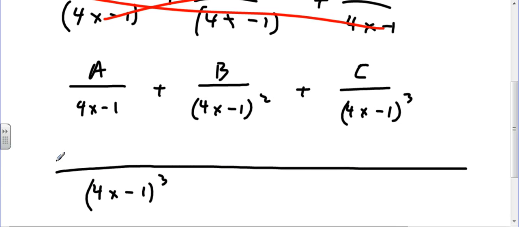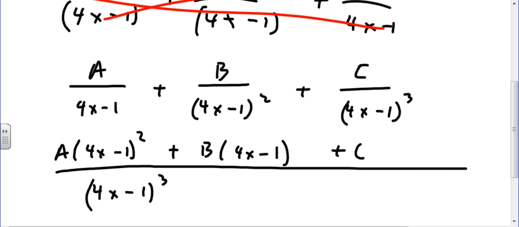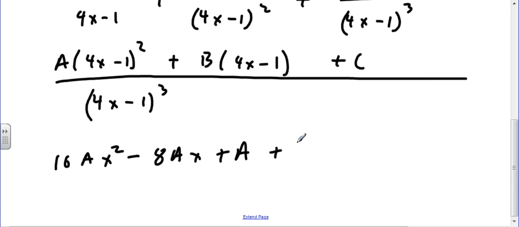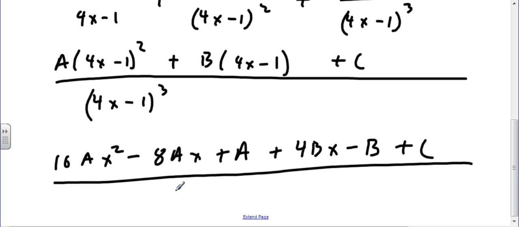In order to get that, we're going to have A times 4x minus 1 squared plus B times 4x minus 1 plus C. Then we're going to expand that as 16Ax squared minus 8Ax plus A plus 4Bx minus B plus C, divided by my 4x minus 1 cubed.